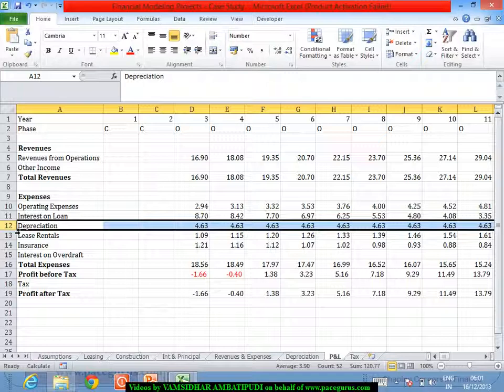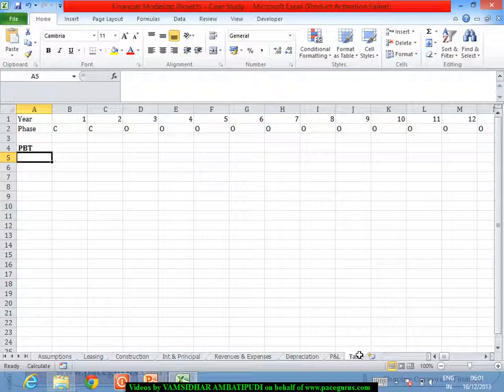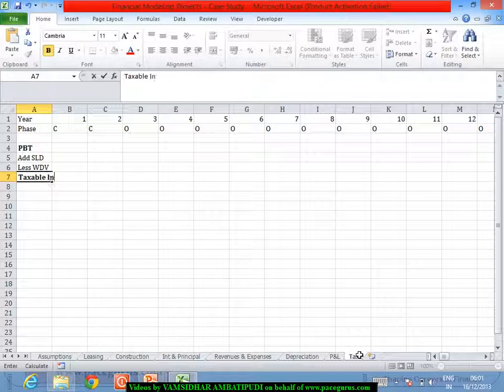So from that standpoint, when it comes to the tax, I will simply say to the PBT add the straight line depreciation and subtract the written down value method depreciation, and that is what I typically call my taxable income.